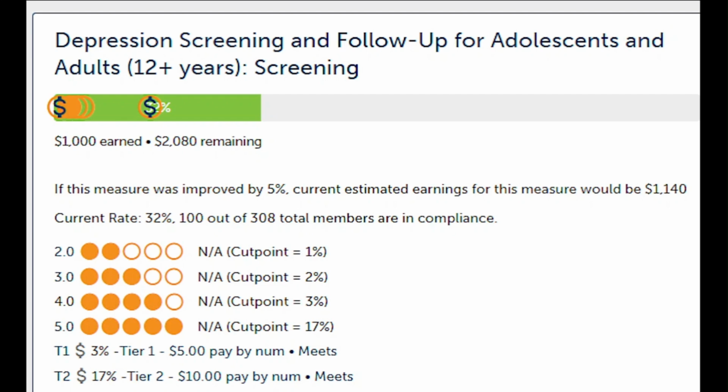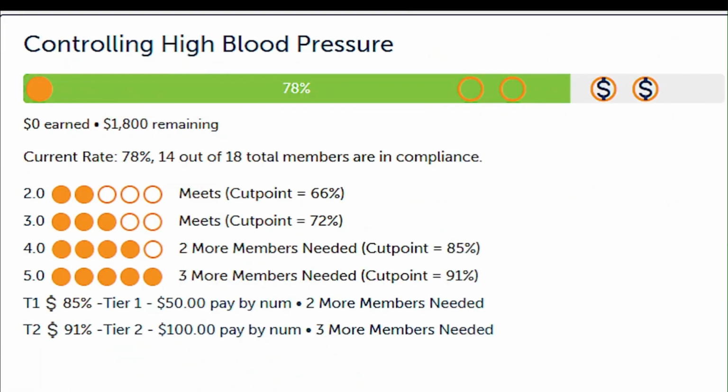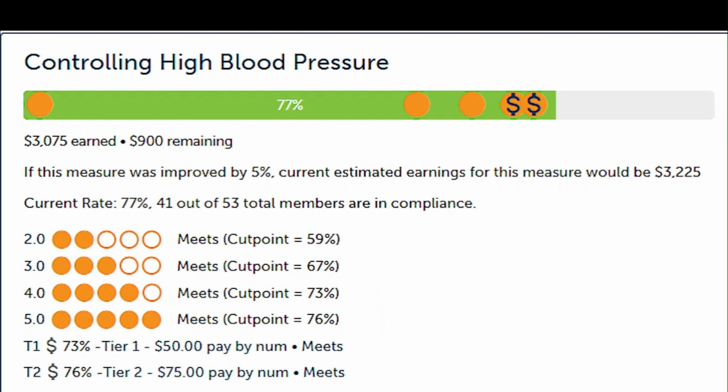Let me show you another measure. This is the same practice. Initially, the clinic had a total of 18 members that they had to address for this measure called controlling high blood pressure. At this point, the clinic has not started earning anything. They have addressed 14 members so far, and they have not yet hit the target where they can start earning from that measure. So as we started doing supplementals, giving them the proof that the clinic has already done a good job on this measure, now you can see what happened.